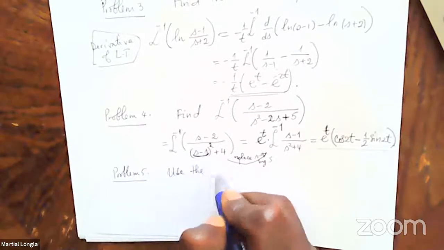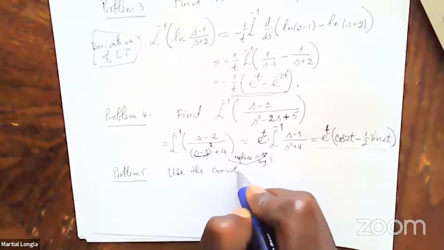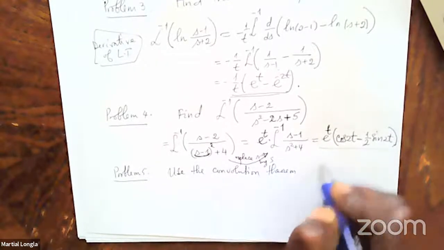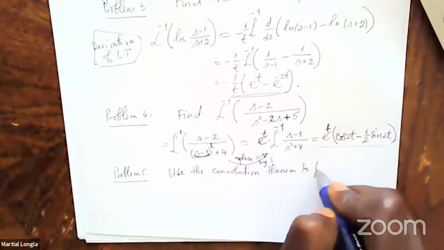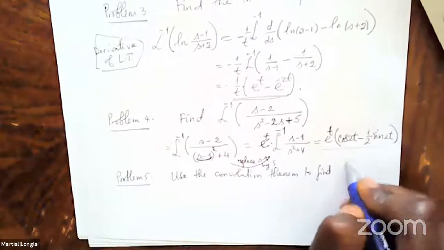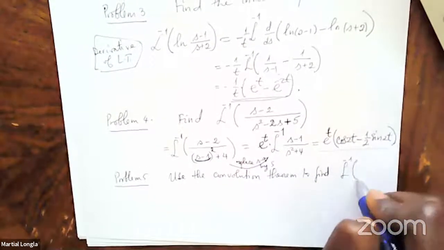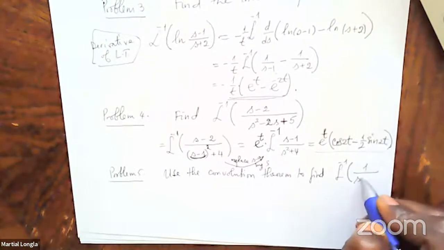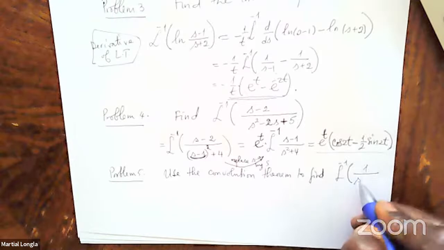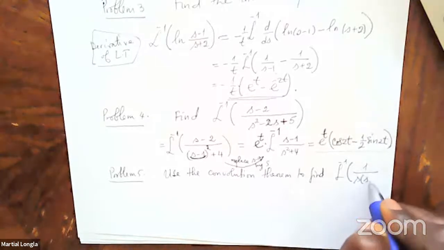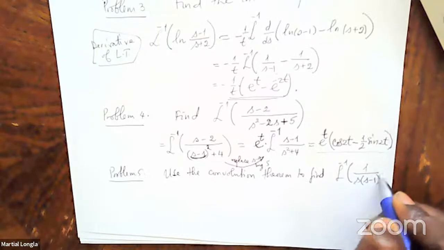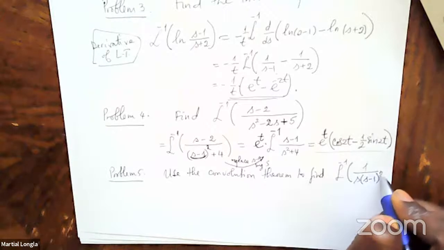Use the convolution theorem to find the inverse Laplace transform of 1 over s times s minus 1 cubed.